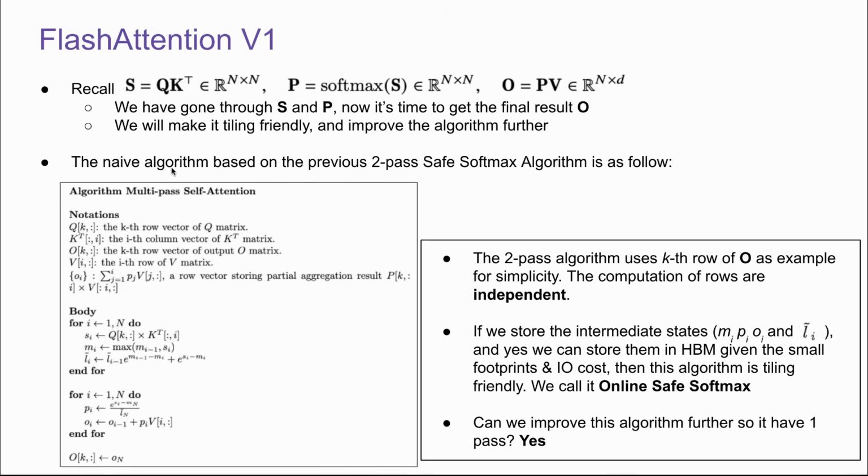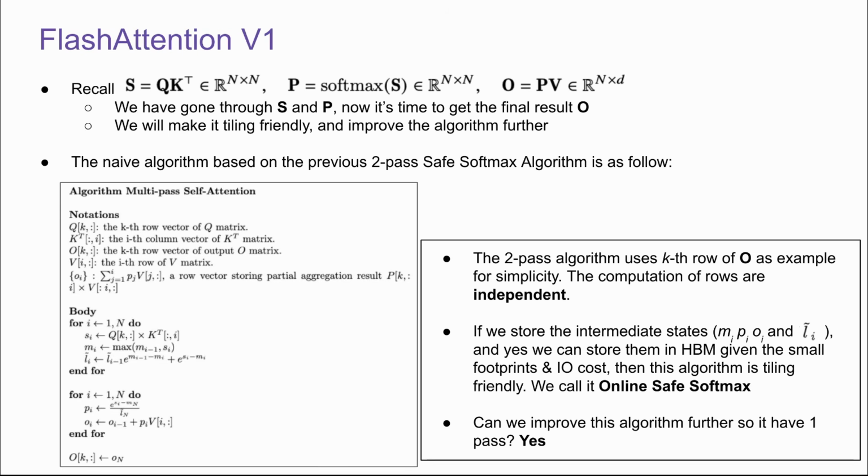The straightforward algorithm to calculate output based on the previous 2-pass safe softmax algorithm is as follows. In the first pass, for i equals 1 to n, we calculate Si, Mi, and Li hat. In the second pass, we calculate Pi according to Ln hat and Mn, and then we calculate Oi according to Pi and V. The 2-pass algorithm uses the kth row of O as an example for simplicity.